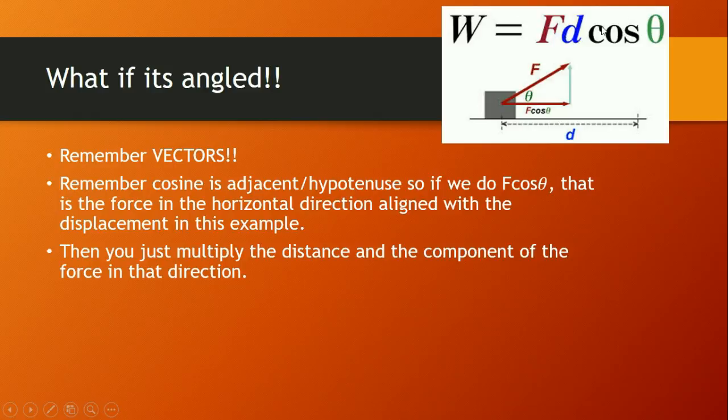And so it's the same principle. You always multiply the force in the direction of the movement with the distance it moved. So in this case it'll be F cosine theta because it's only a part of this force, and then you just multiply by distance. So work is always F d cosine theta.